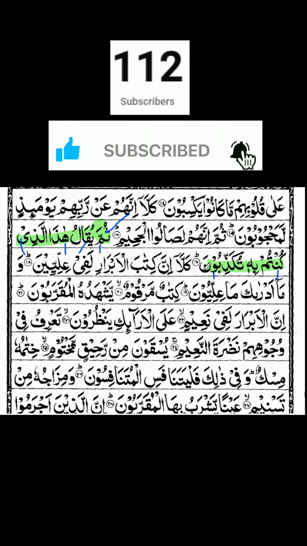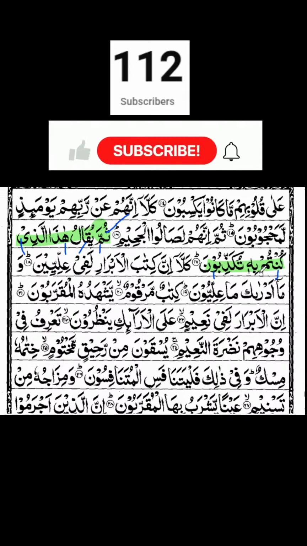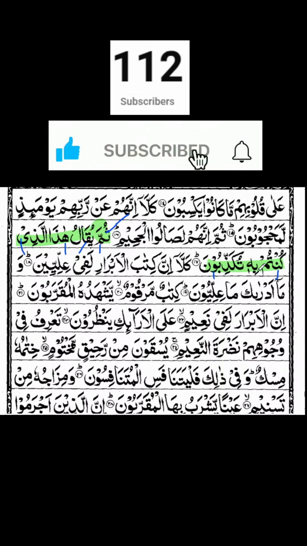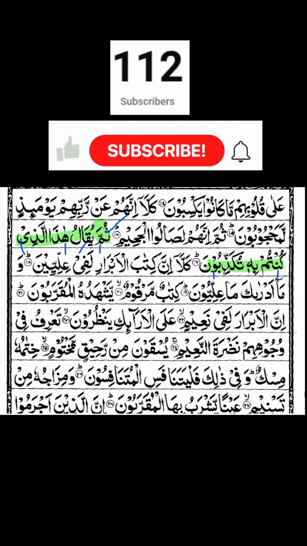After noon sakin, the next is ta, so we have to do gunnah, and the next one is meme sakin, and after meme sakin, the next one is ba. So we have to do gunnah here also. Kuntum bihi, kuntum bihi, tukadzibun.